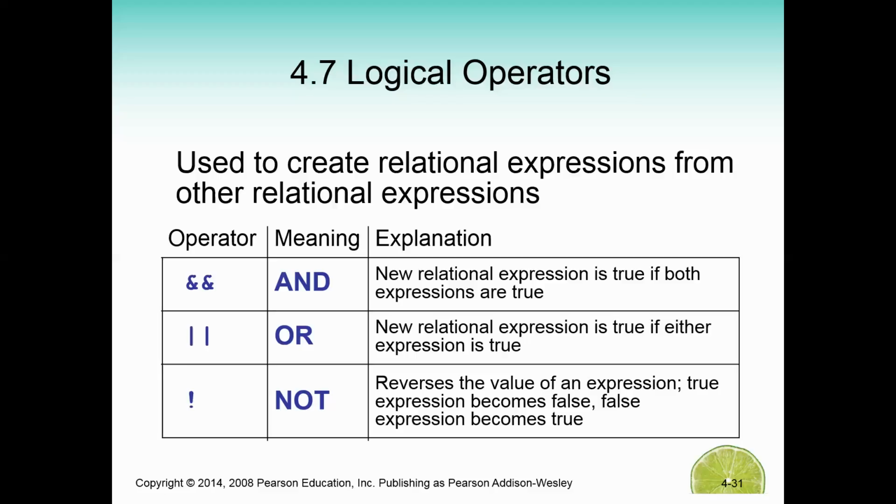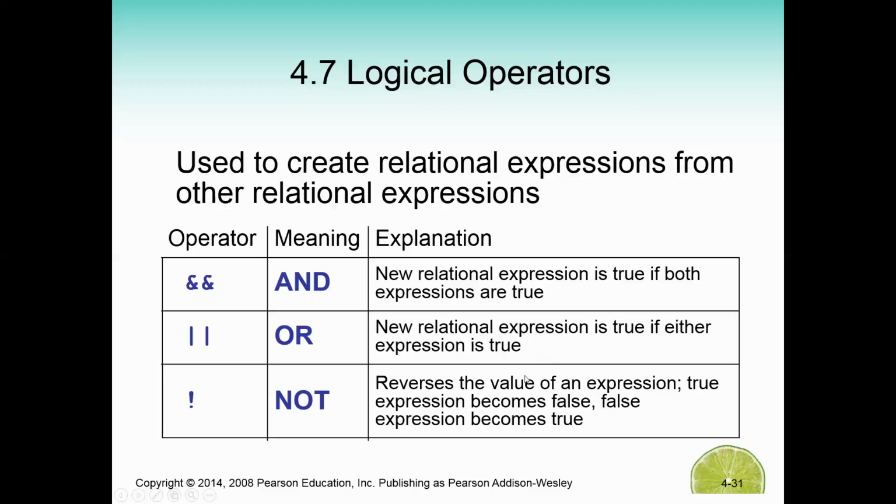Remember, it's only one answer, right? One Boolean answer that is going to be either true or false. So both are going to be combined. And in order for us to get one true answer, both of the conditions, or as many conditions as we have, must be true. With the OR, the new relational expression is true if either expression is true.